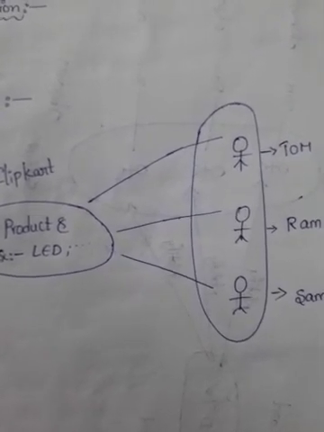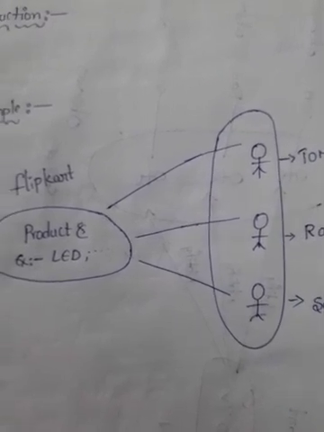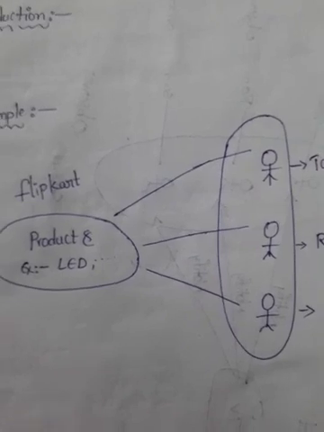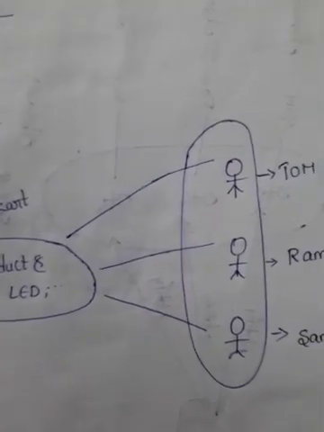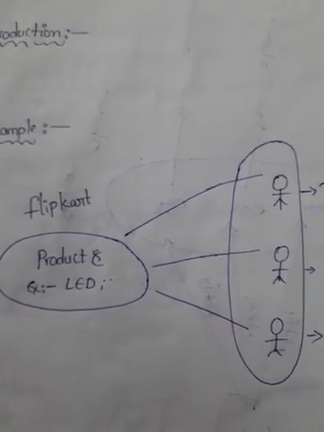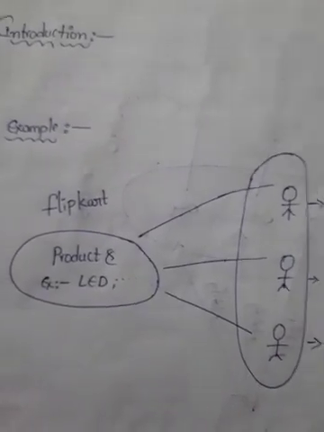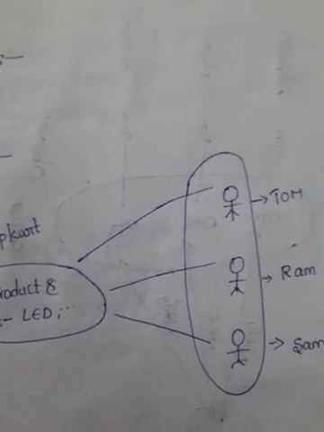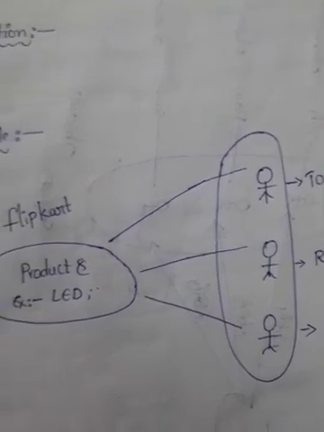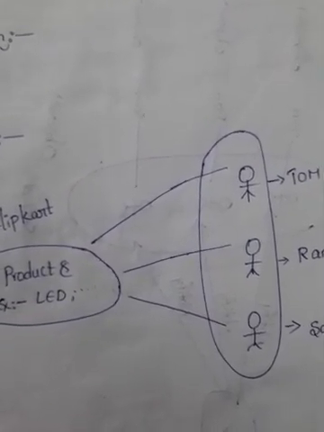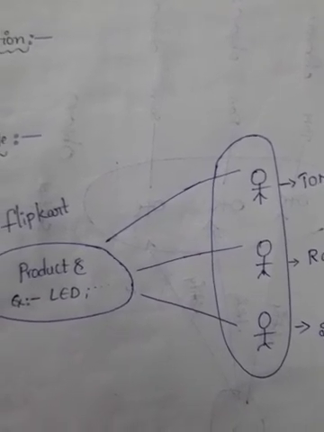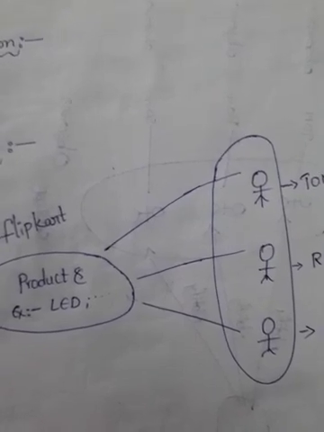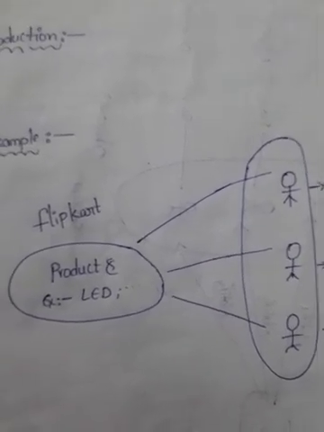What they do is log in to this website and search for and purchase the product they want, based on their required qualities and their required company. So when they enter this site and search for a product, for example an LED TV, if they want to choose a particular model, they will search for it on this website.